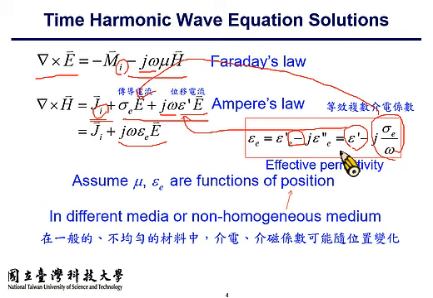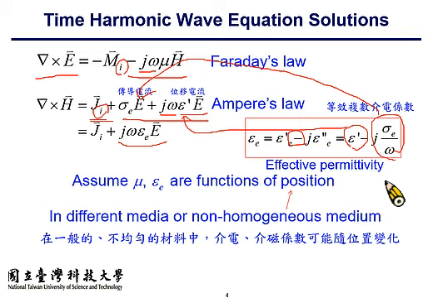So that's the reason why in the effective permittivity representation, one is the real part and the other is the imaginary part. The imaginary part, which includes the conductivity of the material, represents the loss, represents the signal attenuation within that material.